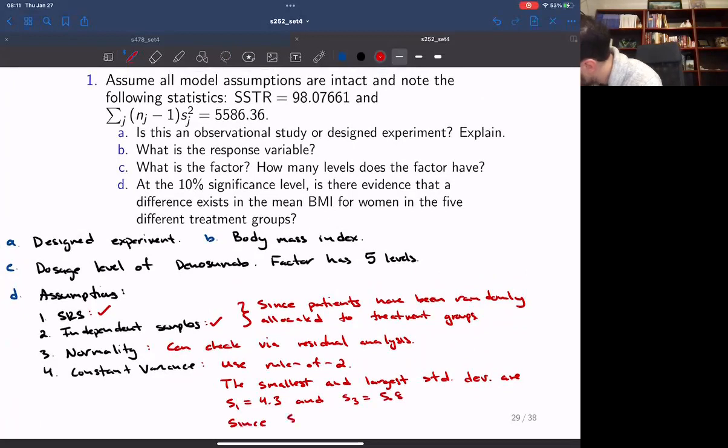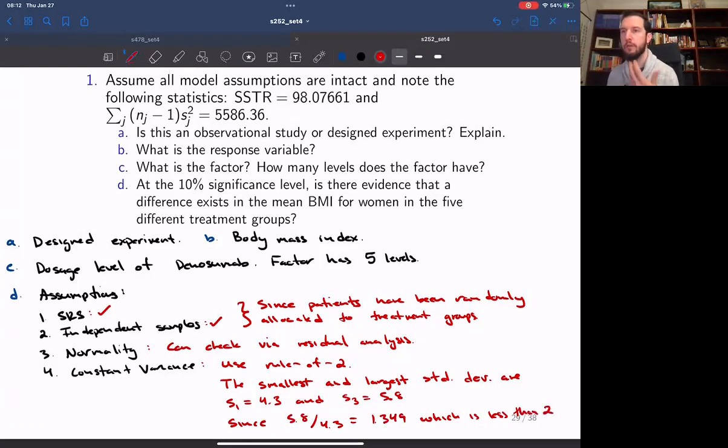Since 5.8 divided by 4.3 is equal to 1.349, which is less than 2, we can assume that the deviations are equal.